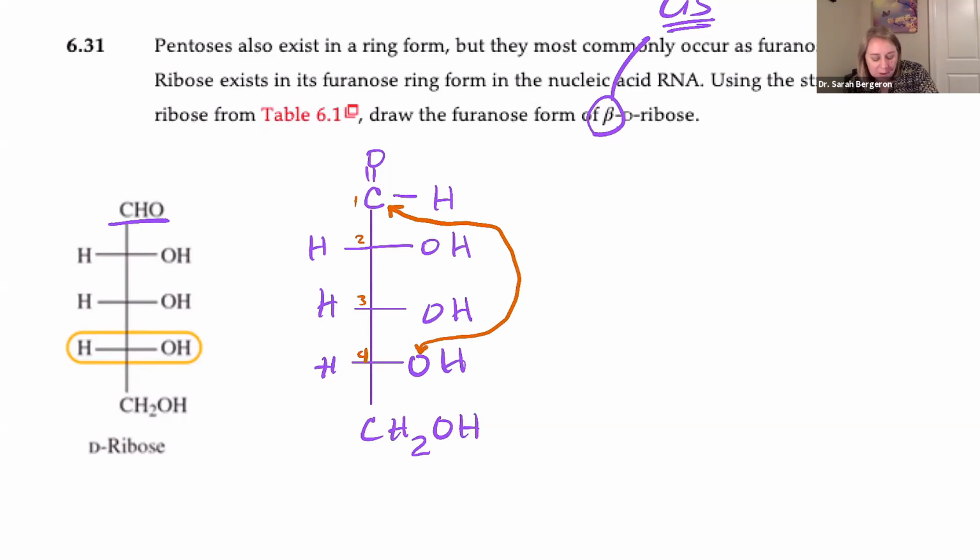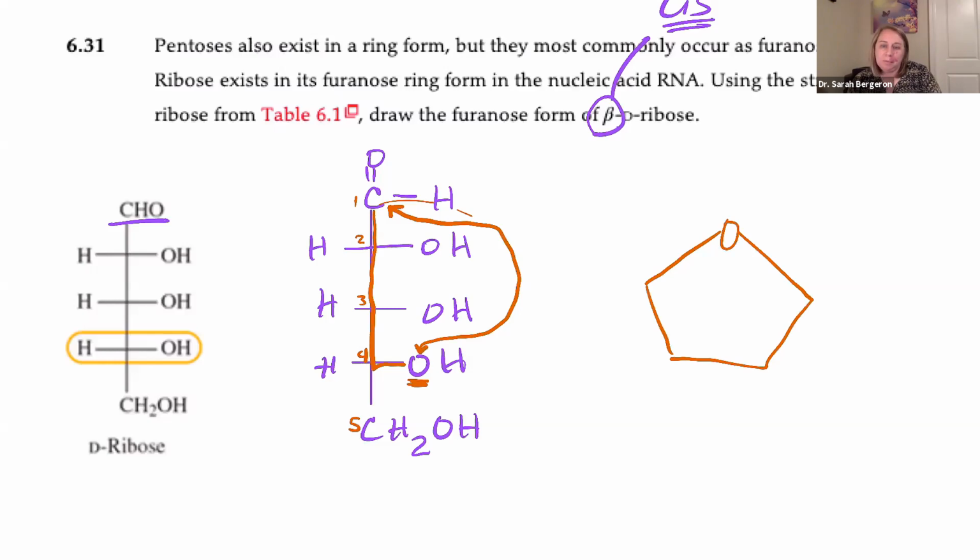That's 4 carbons, 5 carbons, but this oxygen is going to be on the ring. So we're going to have 1 carbon, 2, 3, 4 carbons, then 5 is going to be our oxygen, and then we come back to carbon. If we want a 5 ring, remember it kind of looks like that house. Kind of comes in a little bit, and then a flat floor.